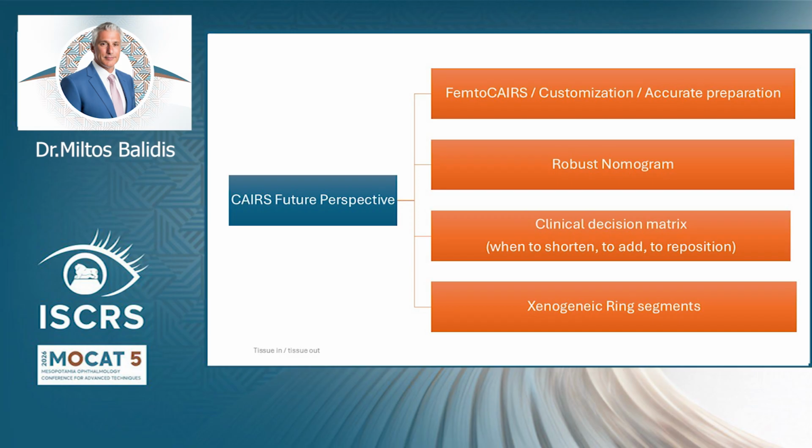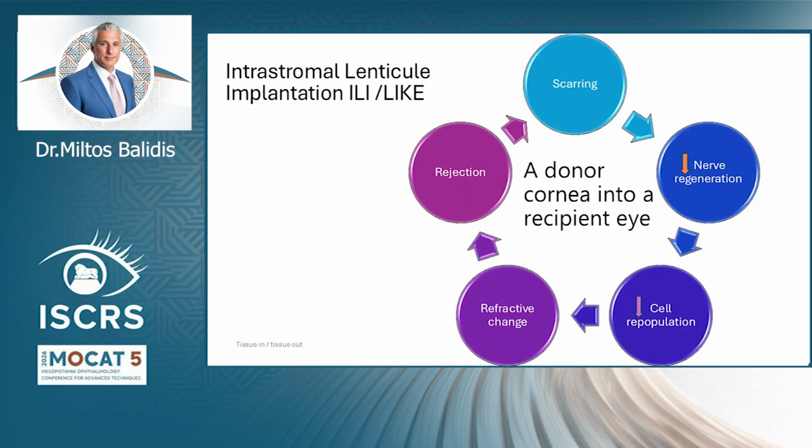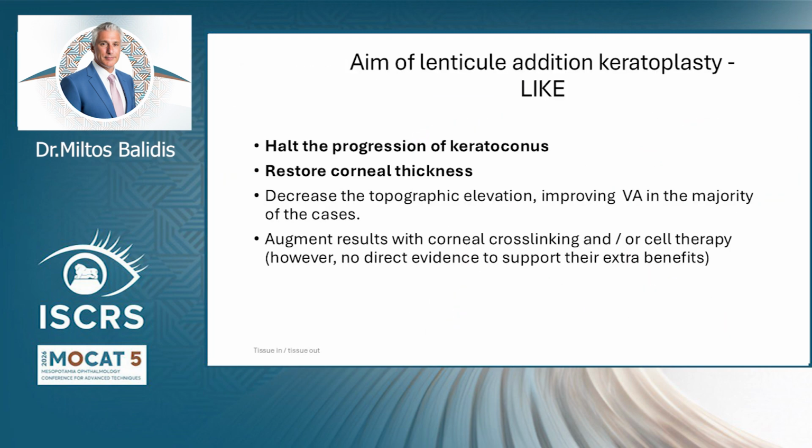What if we put a donor cornea in the receiving eye in a pocket? This is the intrastromal lenticule, or the like. For the lenticule, when you put an implant, you have to consider the scarring, the downgrowth of cellular population in the initial period, and also the slower nerve regeneration, which will have an effect on tearing and sensation, and of course also the nutrition of the tissues that you're adding.